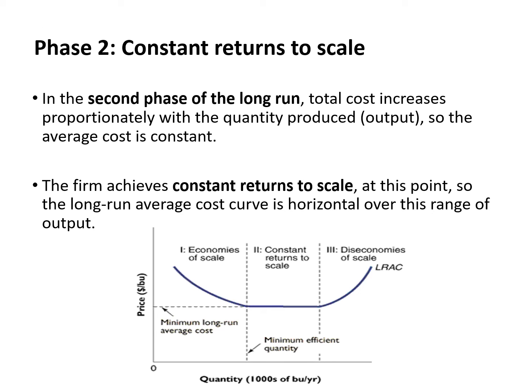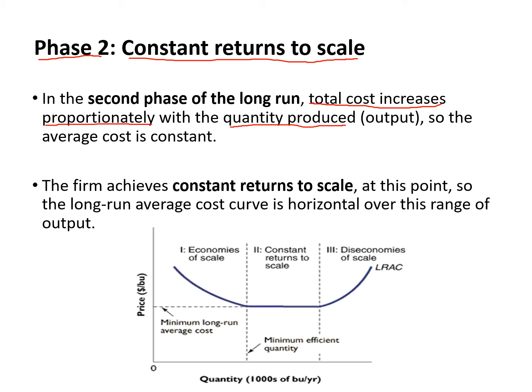In the second phase, the firm achieves a constant return to scale. As the firm gets larger beyond a certain size, the total costs will start to increase proportionately with the quantity produced. So there's no reduction anymore in the unit costs.